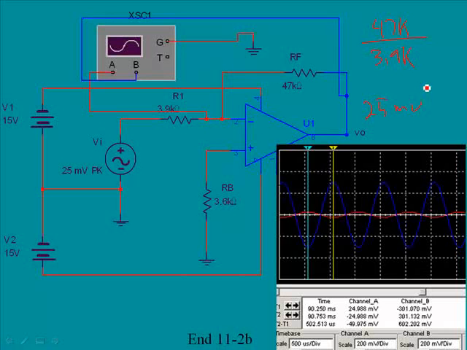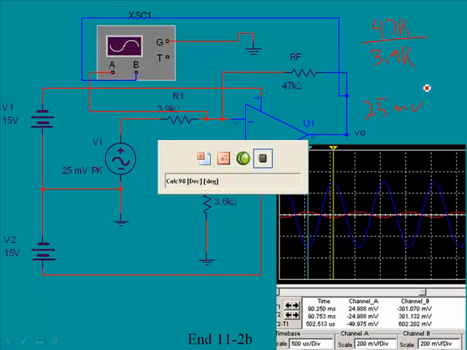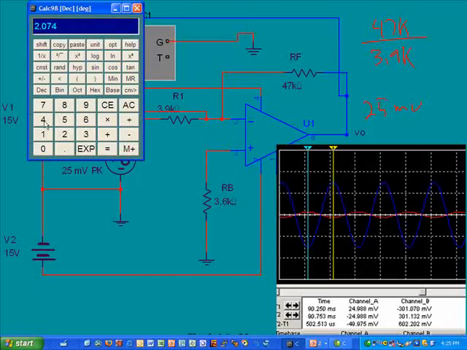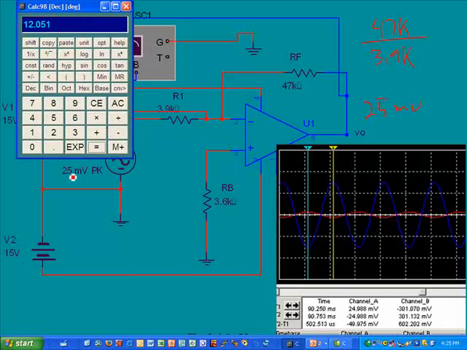So why don't we pull up our calculator and quickly see what this would result in. We have 47 divided by 3.9, and that will equal 12.051, and our input is 25 millivolts. We'll take that times 25 times 10 to the minus 3, and that would give us 301 millivolts.